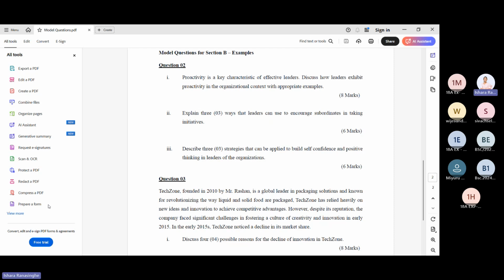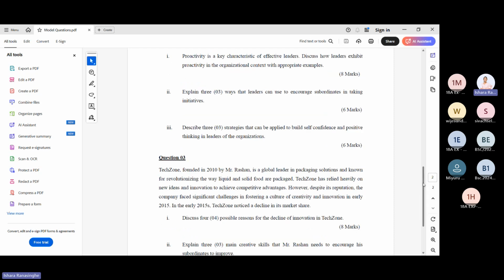Right? Then the last sub-question. Describe 3 strategies that can be applied to build self-confidence and positive thinking in leaders of the organization. So this is not from chapter number 2. This is from chapter number 3. Performing under challenges.